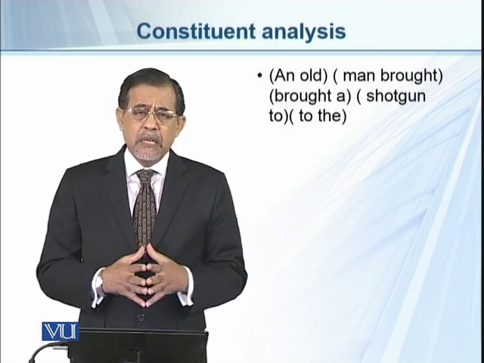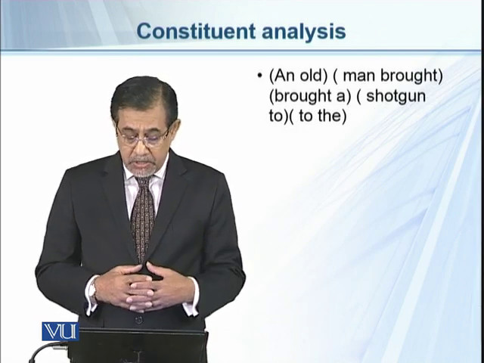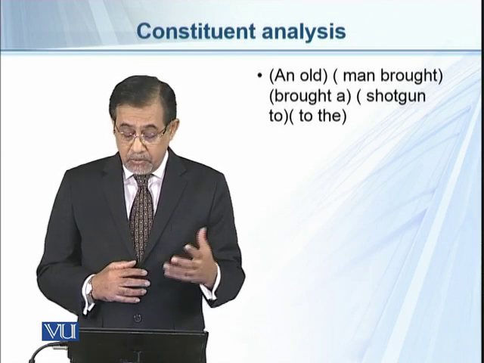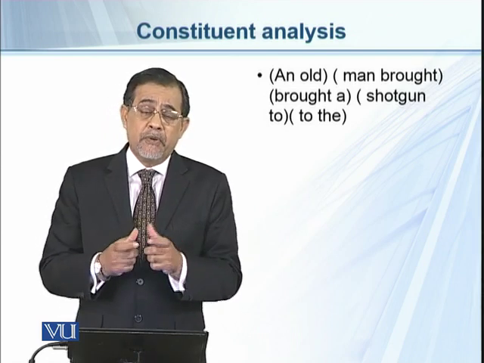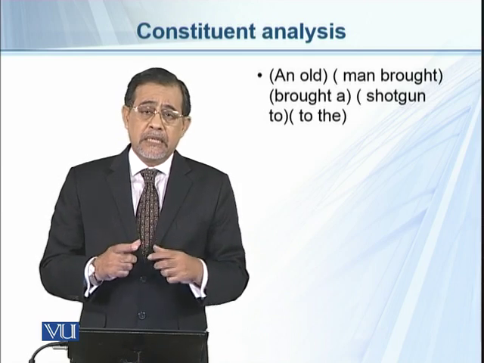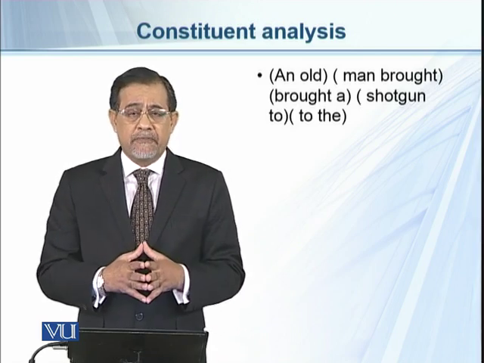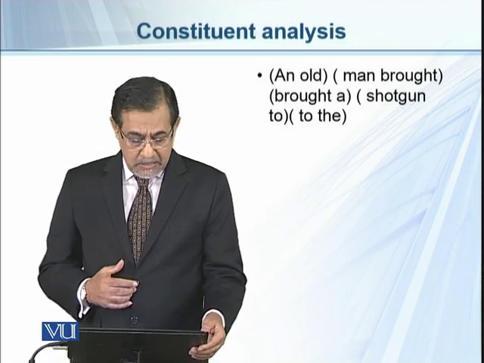If we join words like "an old man brought a shotgun to the," etc., we have brought the words together, right? But they do not give us a better understanding of the phrase because they do not match with each other.